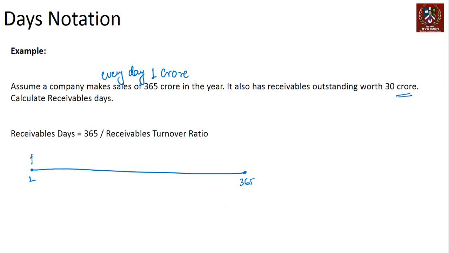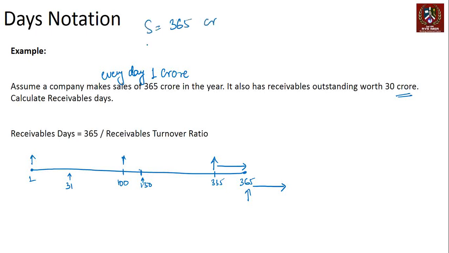happening is what they sell here, they collect after 30 days. What they sell on day 100, they collect on day 130, and what they sell till day 335, they collect here. Everything that they sell after this gets collected in the next financial year, right? So what must be happening is they are selling worth 365 crore.